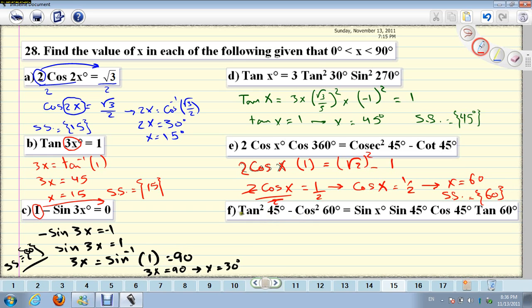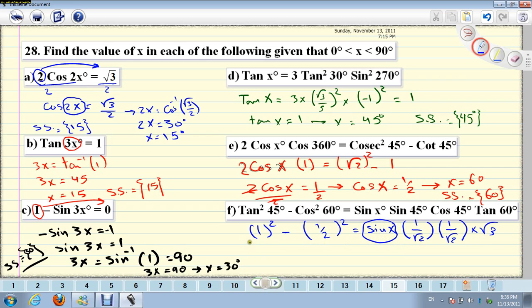Finally, the last question, tan squared 45. Tan squared 45 is 1 to the power of 2 minus cosine squared 60, which is half, equals sine x times sine 45, which is 1 over root 2 or root 2 over 2, and cosine 45, which is 1 over root 2 or root 2 over 2. Tan 60 is root 3. Okay, this is cosine x, but this is multiplying.